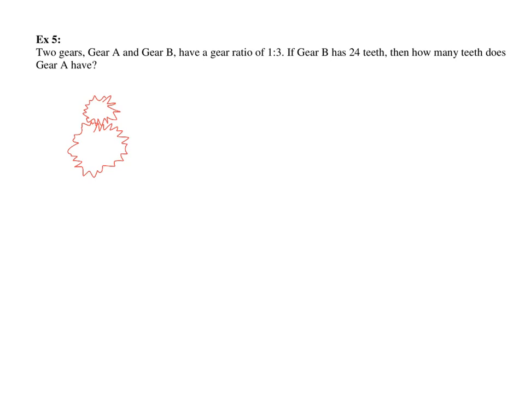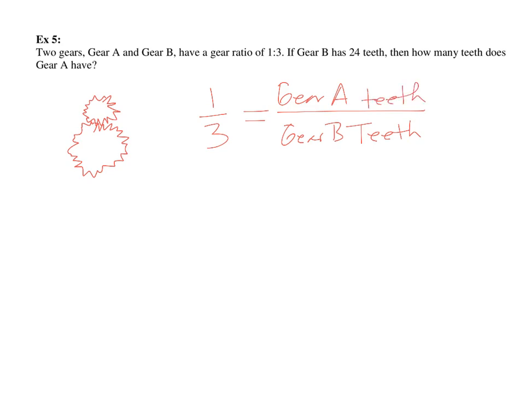So the gear ratio is 1 to 3. Gear B has 24 teeth. All right, so this is gear B teeth. This is gear A teeth.